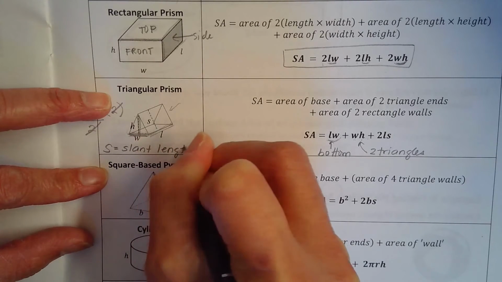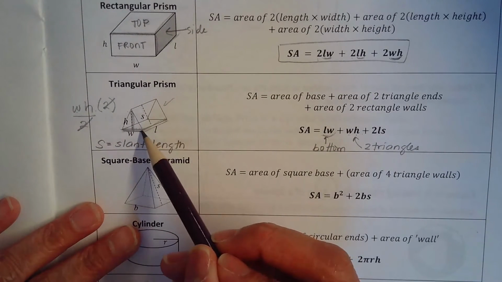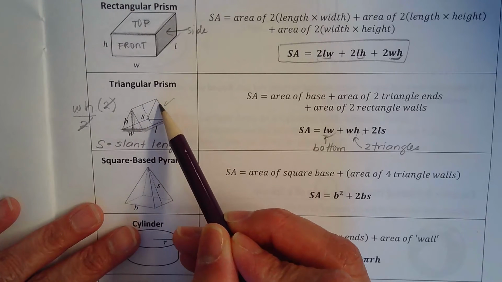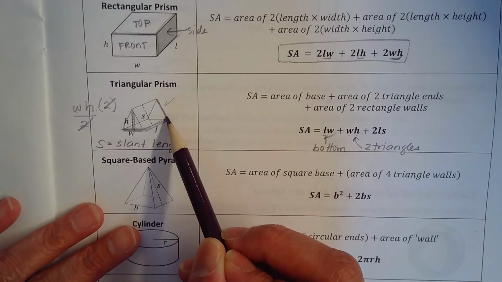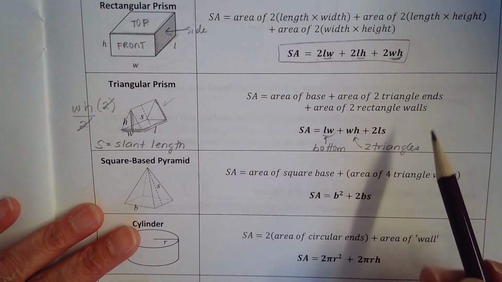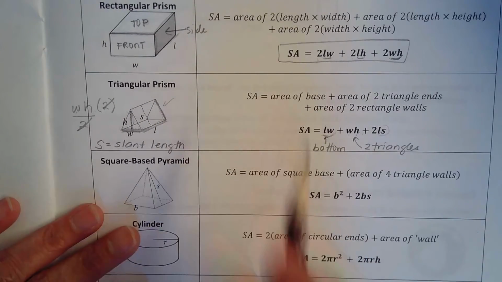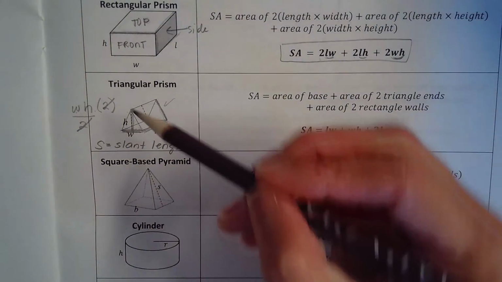If we know what the length is and we know the slant length, the S, that would give us the area of just one side of the tent.